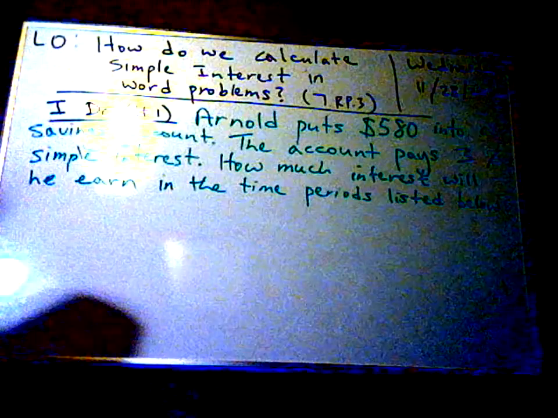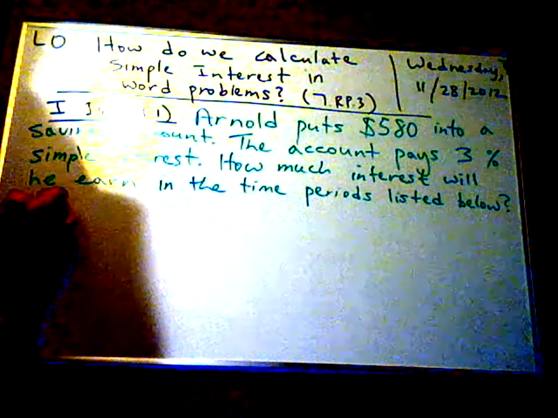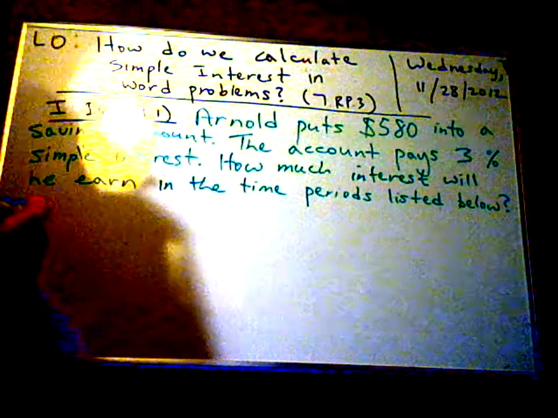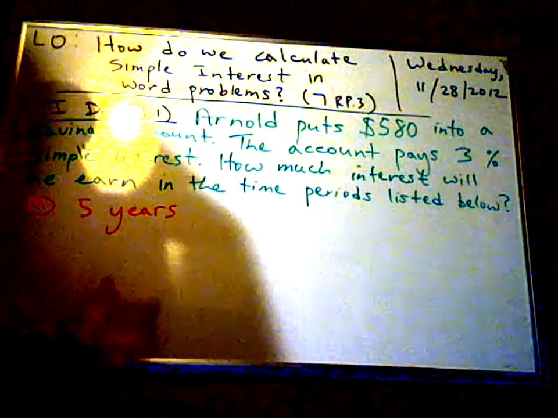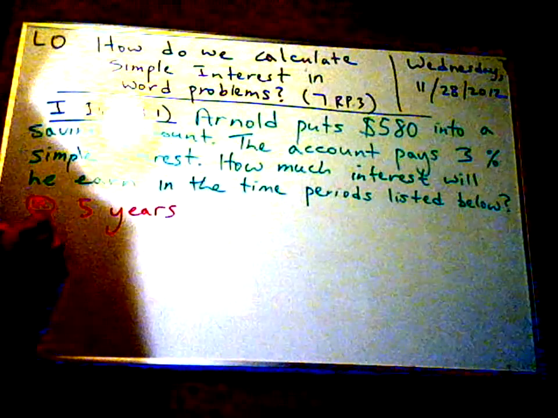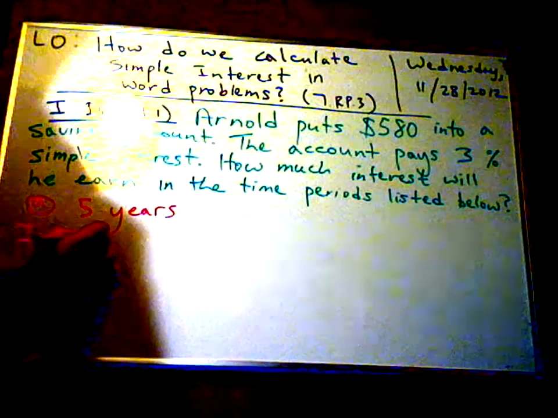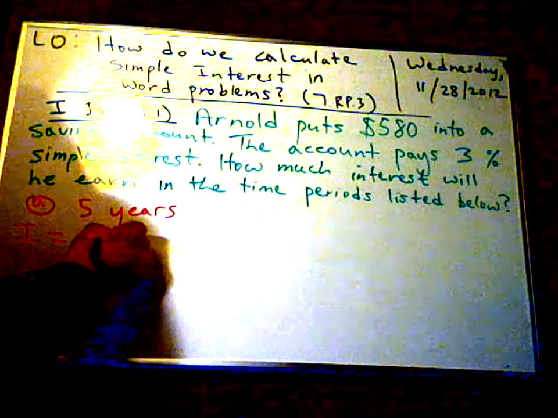Well, the first time period you're given is 5 years. So in 5 years you go back to the formula. It says interest is equal to principal times the rate times the time.